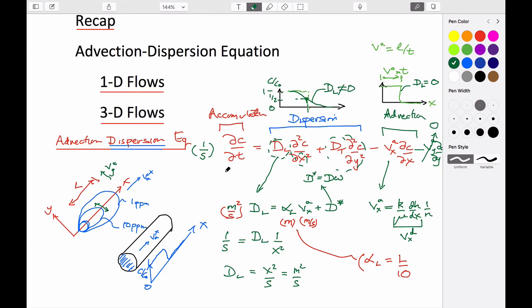If you want to think of this equation, really what it's doing is taking a little cell that is dx by dy in size, and saying whatever comes into this cell from upstream by dispersion, whatever gets transported down by advection, and the balance between what goes in the upstream side and what comes out the other side is what the accumulation is.